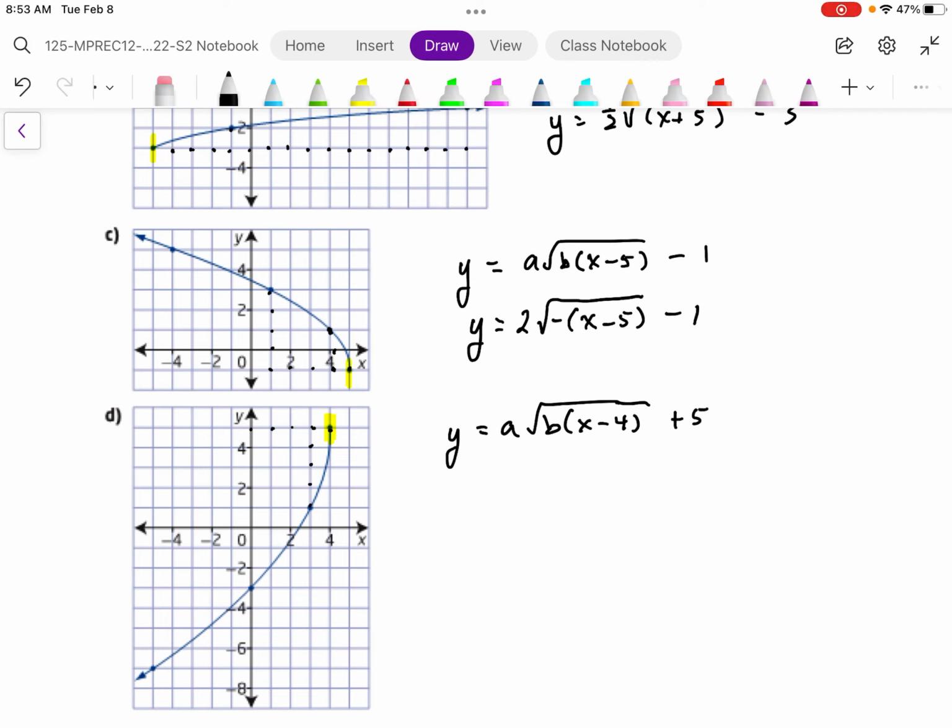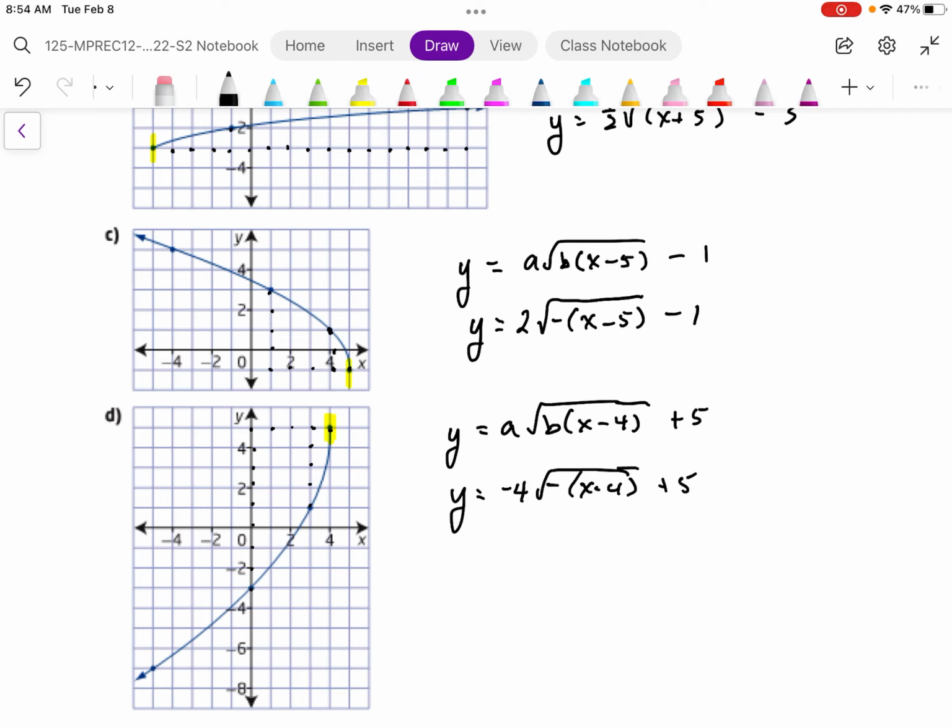I'm going to go 1, 2, 3, 4 over, 1, 2, 3, 4, 5, 6, 7, 8. So normally, the square root of 4 is 2. I've gone down 8, so that's a 4 times expansion. So I'm going to write that as negative 4. Okay, this is a horizontal flip, so I'm going to do x minus 4 plus 5. Okay, so there's my equation.